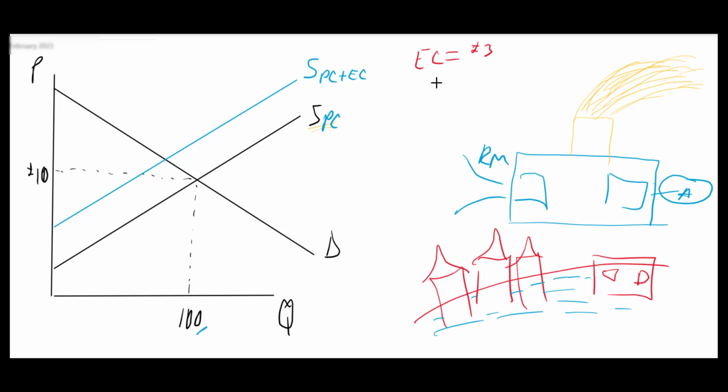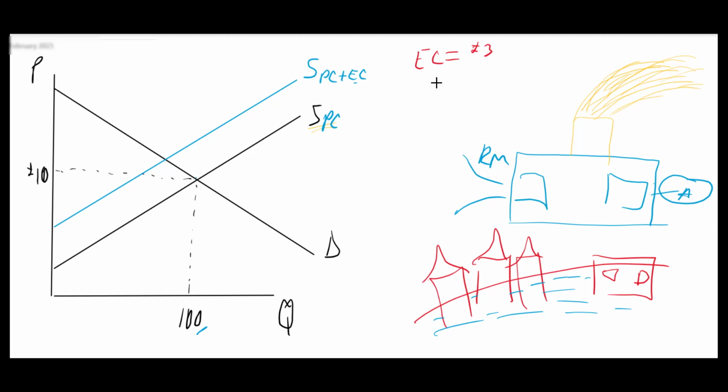This supply curve reflects the social cost, or the cost to the society living nearby, and that's EC here, 3 pounds additional per unit. So that's a shift upwards by 3 pounds, an increase in the supply cost of additional units. Let me just get rid of that, just in case we don't need it.